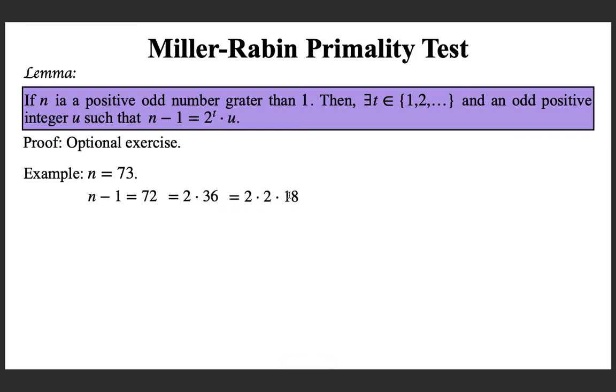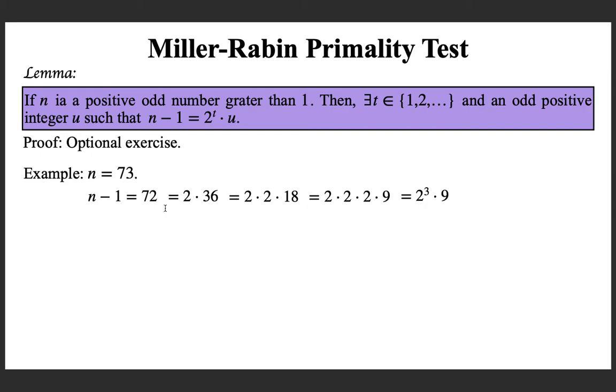Here again you are getting an even number. You have to do it until you get an odd number. Now you can say that it is 2 multiplied by 9. So now you see you are getting it as 2 to the power 3 multiplied by 9. So it is in this form, and this technique you can apply for any even number. You will get 2 into 2 into 2 into 2, t number of times for some t, multiplied by an odd number.